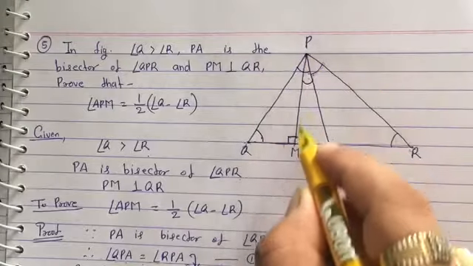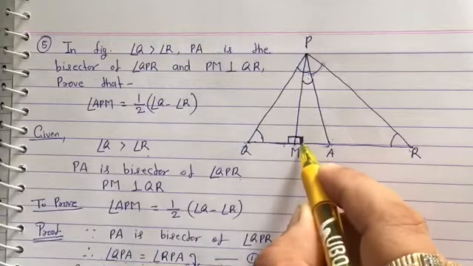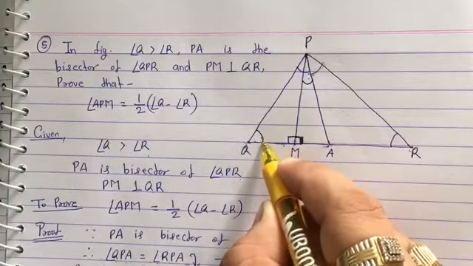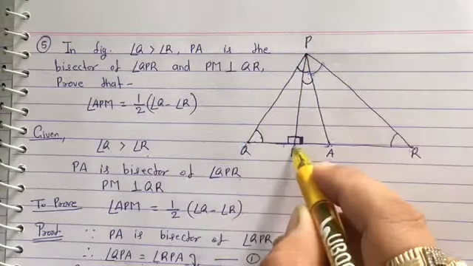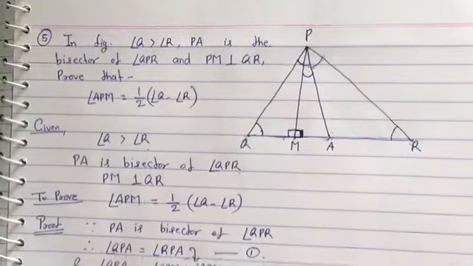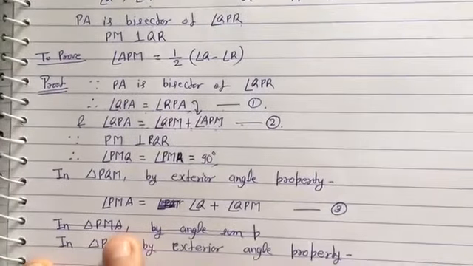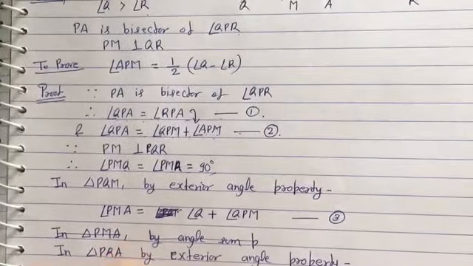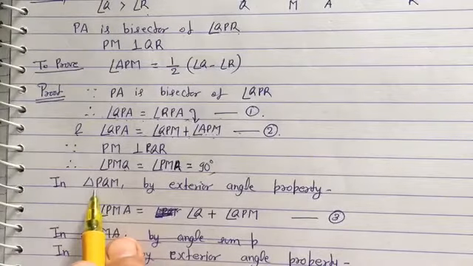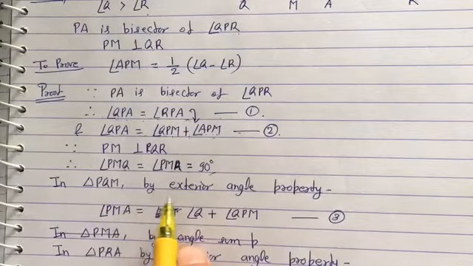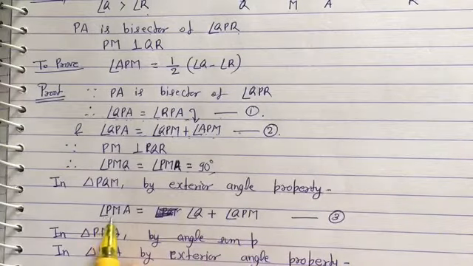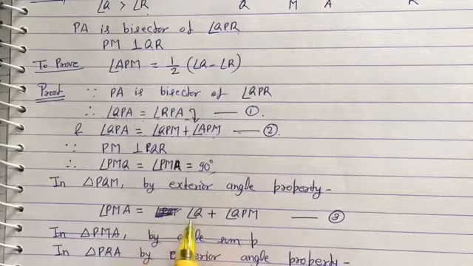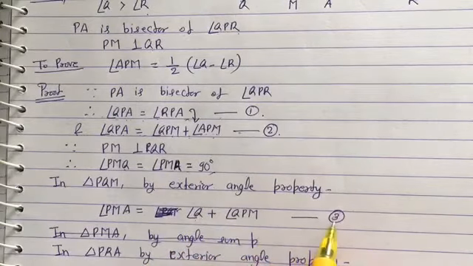Meaning angle PMA is equal to angle Q plus this angle, meaning angle QPM. Okay, write down these things. In triangle PQM, by exterior angle property, angle PMA is equal to angle Q plus angle QPM. This is equation number 3.